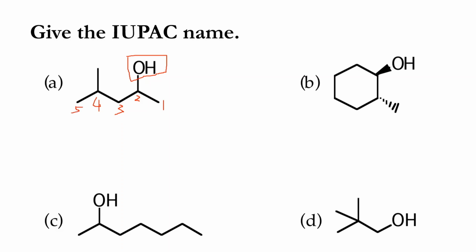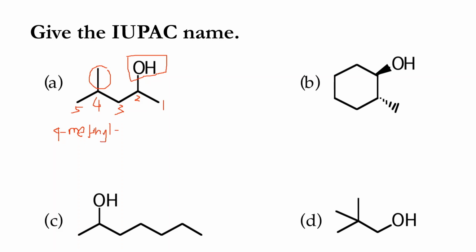What about this one? This is a substituent. So the parent chain is your alcohol. You have one substituent. You name first the substituent. That is bonded at carbon 4. So you call that 4. A 1-carbon alkyl is called methyl. So that is 4-methyl. And then where is your OH bonded? At carbon 2.